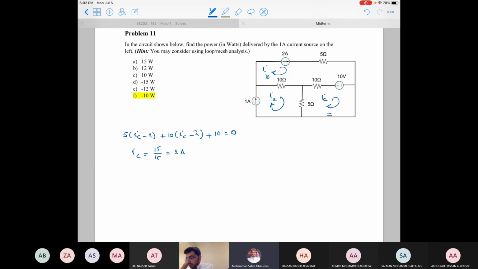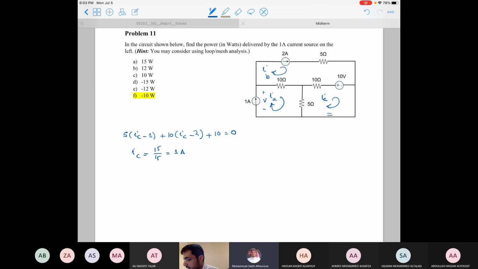Okay. So now, in order to find the power delivered by the 1 ohm current source, I need to find the voltage.